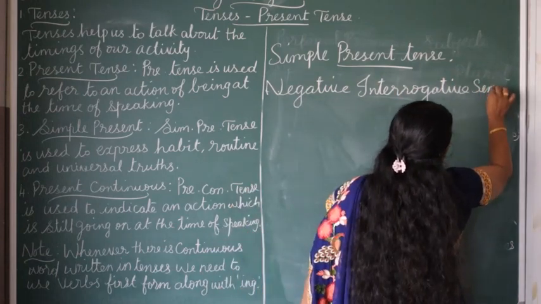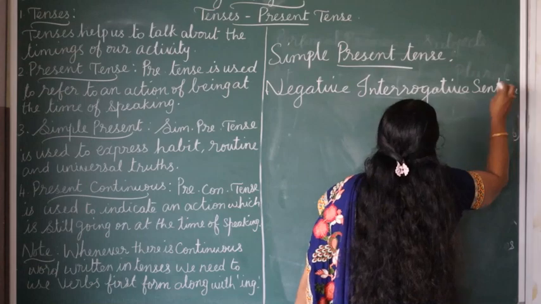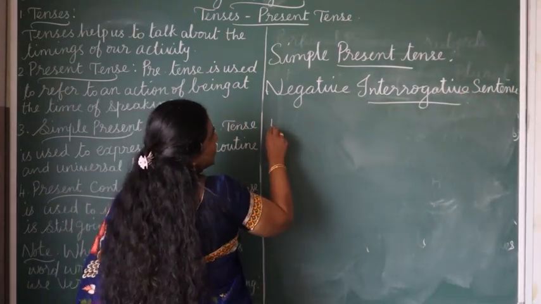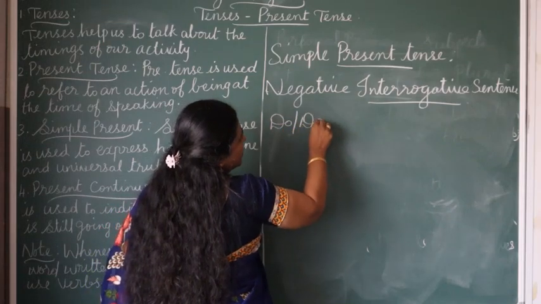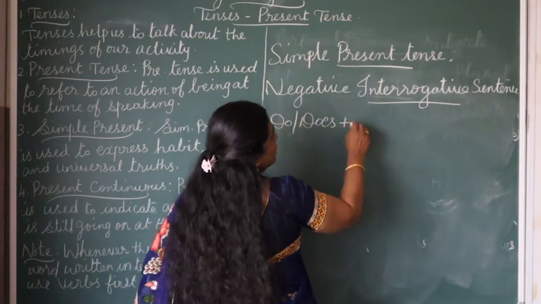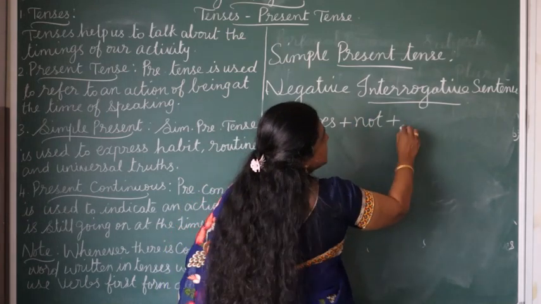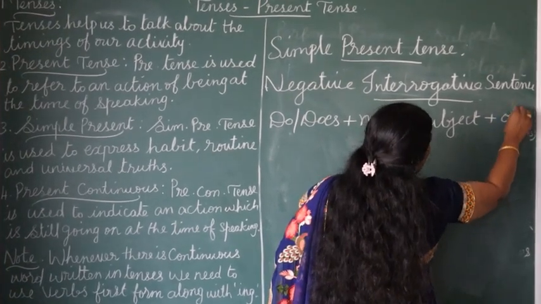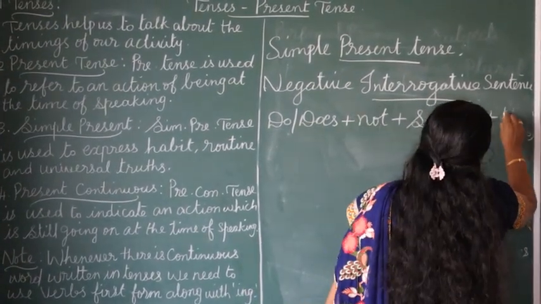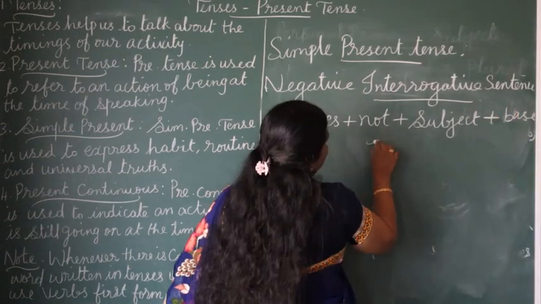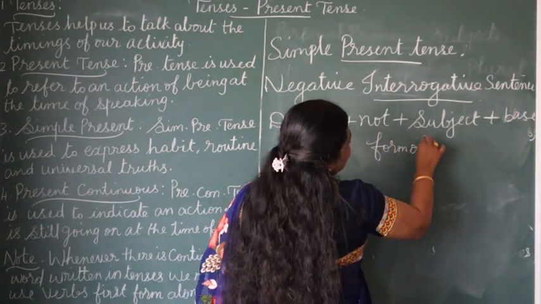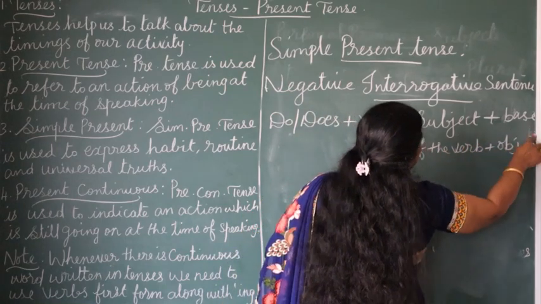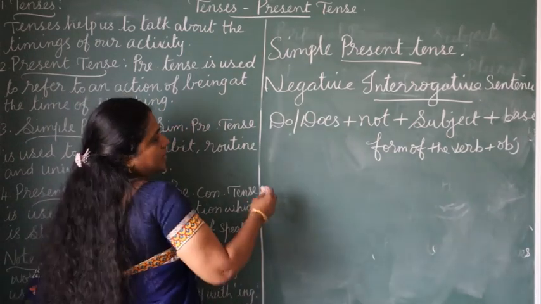Here the rule form of the simple present is do or does plus not plus subject plus base form of the verb plus object. So here are the examples.